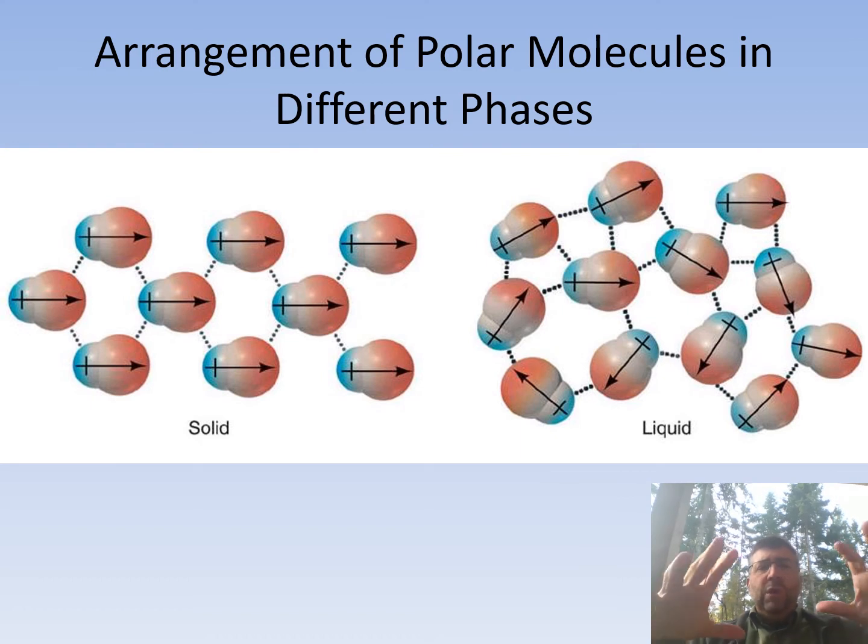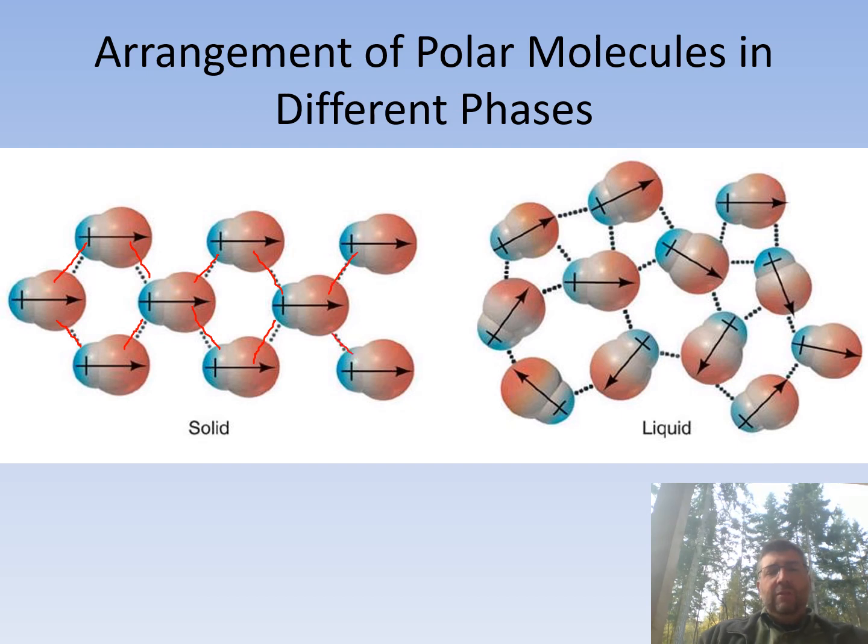All right, so these polar molecules are going to line themselves up in a crystalline structure. And so here you can see in the solid form, these guys line up in readily available patterns where the negative sides line up with the positive sides in a repeating pattern that essentially forms a crystalline structure.